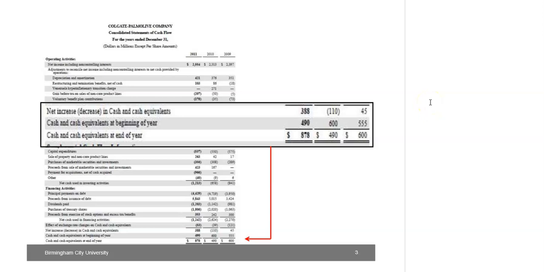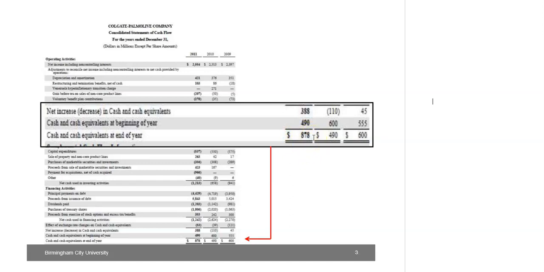The statement of cash flow provides information about the total cash received and total cash paid during an accounting period, so that it accounts for the changes from the opening balance of cash at the beginning of the year to the end of the year. For example, here we have that the opening balance of cash is 490, while the closing balance of cash at the end of the year is 878.